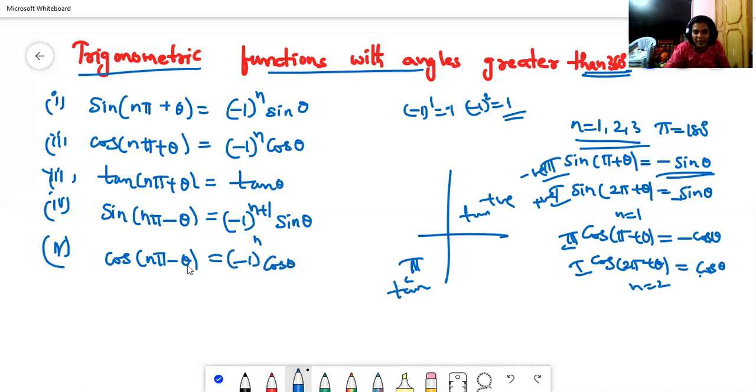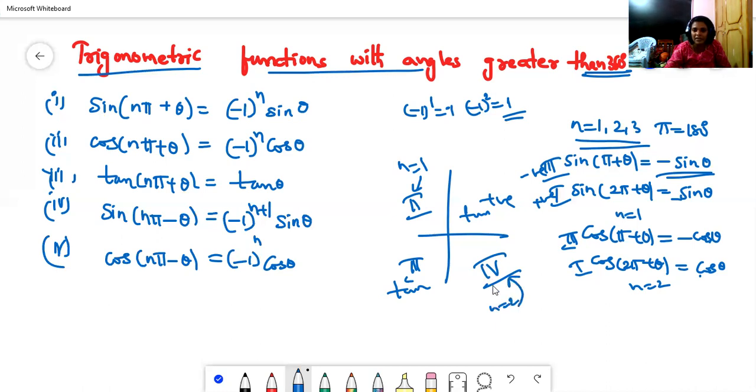180 minus theta means second quadrant. 360 minus theta means fourth quadrant. If we take n equal to 1, it goes to the second quadrant. In the second quadrant, cos is negative. In the fourth quadrant, positive. If n equal to 2, fourth quadrant.